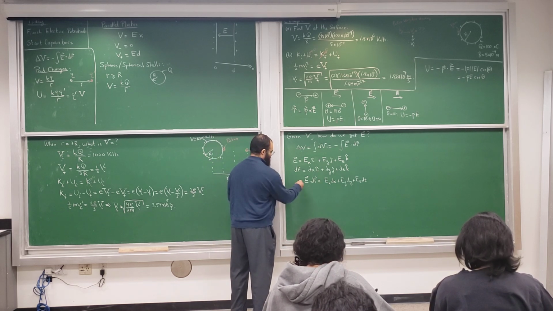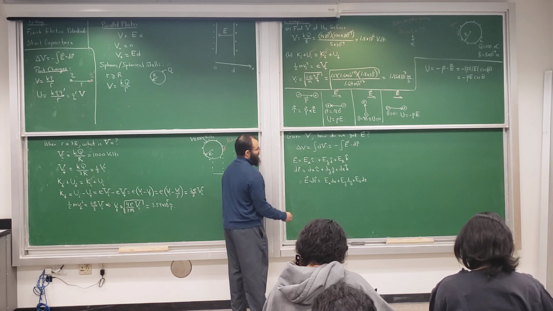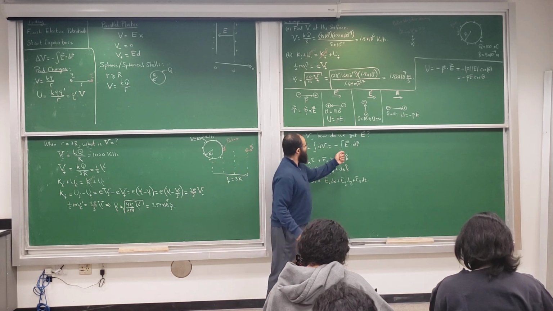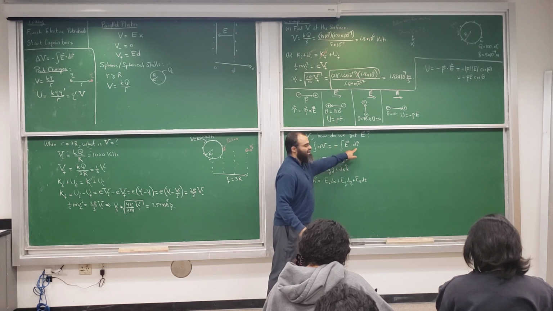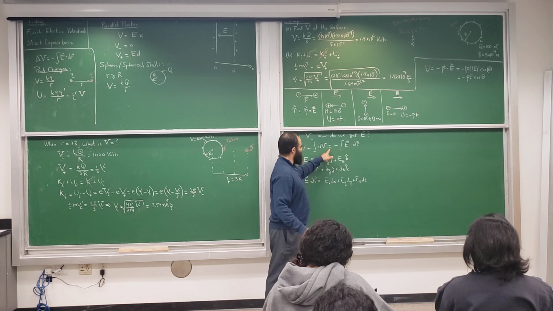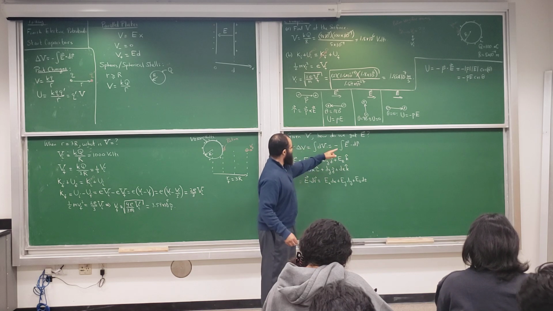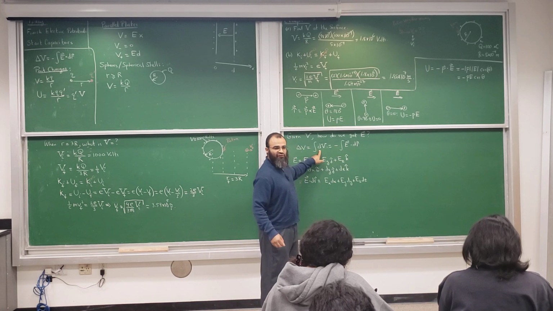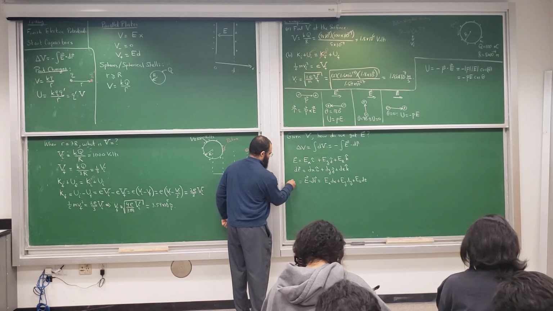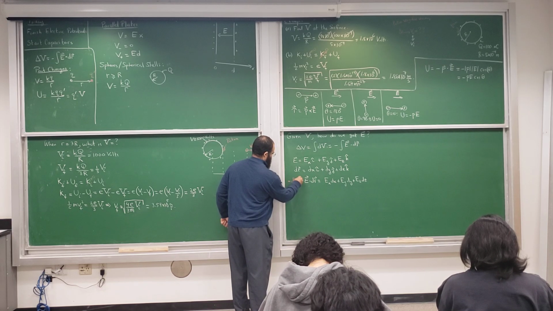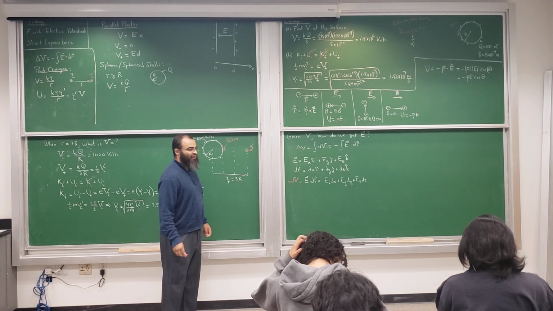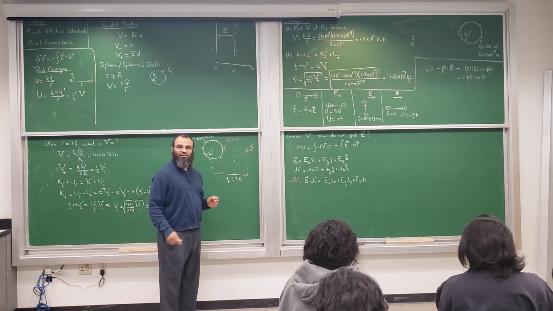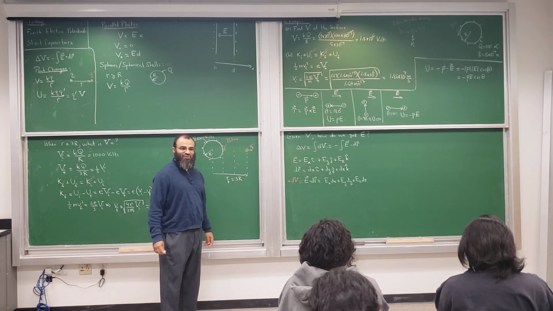And remember, dV is negative E dot dr. Can you see that? dV is minus E dot dr. So E dot dr is equal to minus dV.